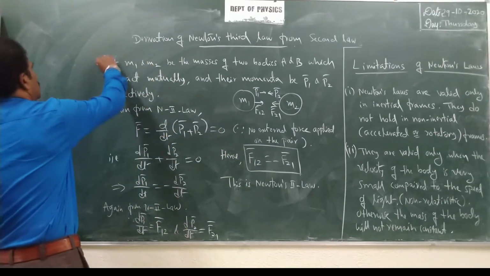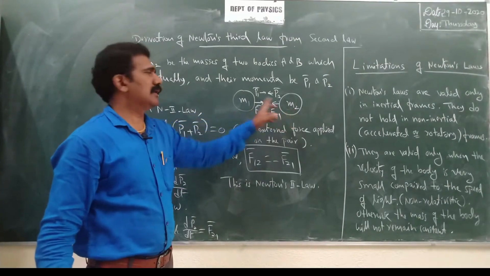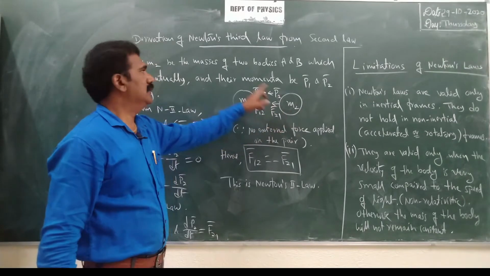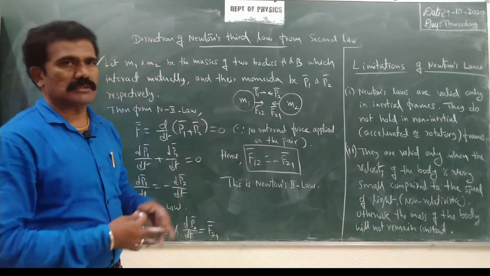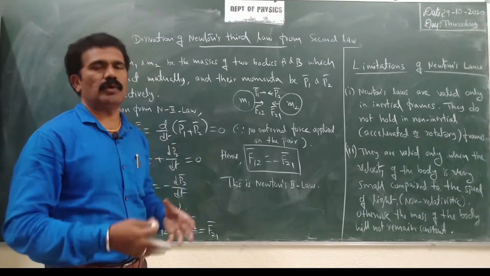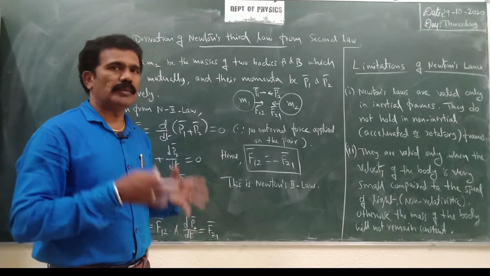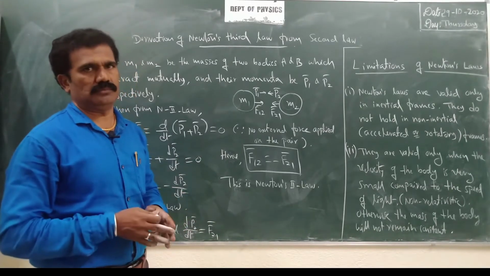For that, consider the simple example of two masses m1 and m2 as two separate bodies. When they are interacting with each other, we come across the forces exerted by the two bodies as well as the momentum. You can consider the momenta P1 and P2, right?